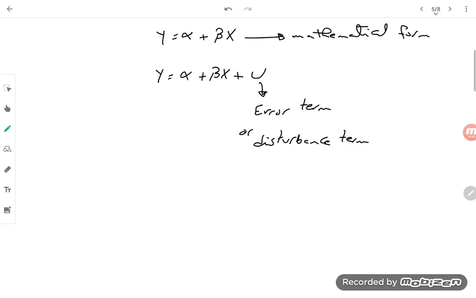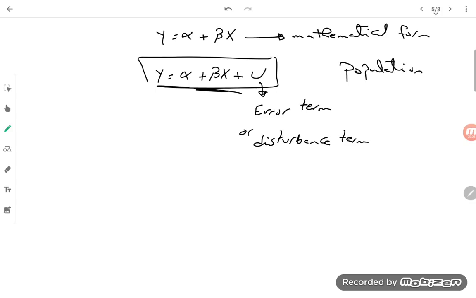So this relationship will be converted to a true estimated relationship for a sample, not for the population. So this is related to the population. If it is going to be related to a sample, it will be written as y equals a instead of alpha.